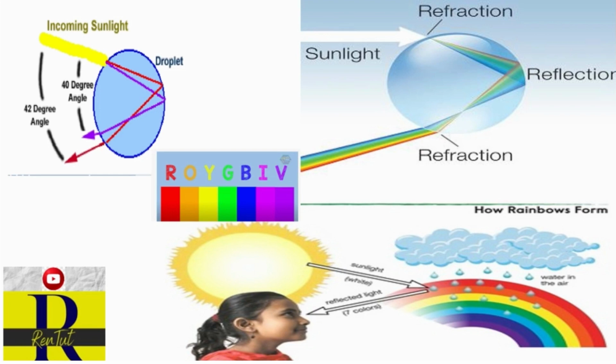Small water droplets are there in the air, and sunlight is falling on these water droplets. Once the sunlight hits the water droplets, after refracting twice, it forms an image and comes and we can see that image falling in our eyes. These 7 colors we can see. So that is the reason why you see a rainbow.